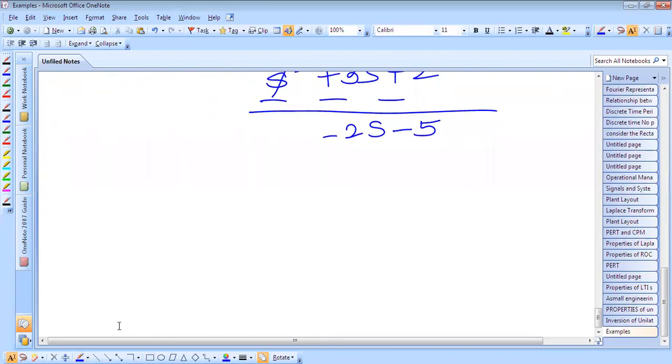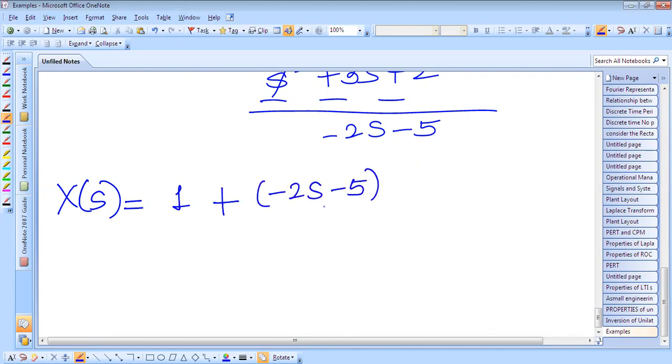Now, using the partial fraction expansion, we can write X(s) is equal to 1 plus (minus 2s minus 5) divided by (s square plus 3s plus 2).